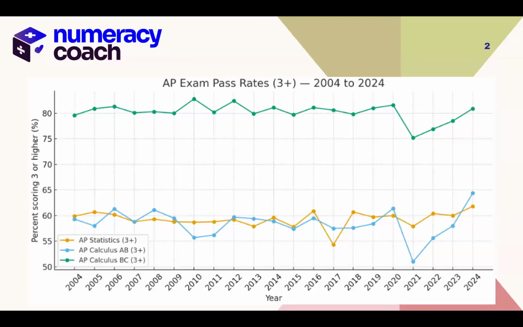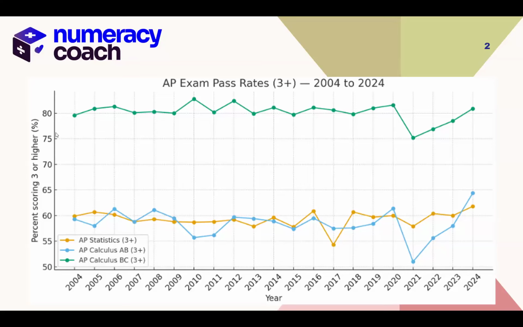You can see that it's pretty much hovering above 75%. And Stats and Calc AB are just trying to fight it out for the lowest scoring AP exam, and it just goes back and forth. But this past year in 2025, AP Stats did have the lowest STEM passing score among all the STEM exams.